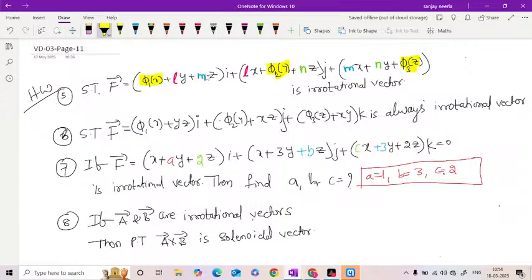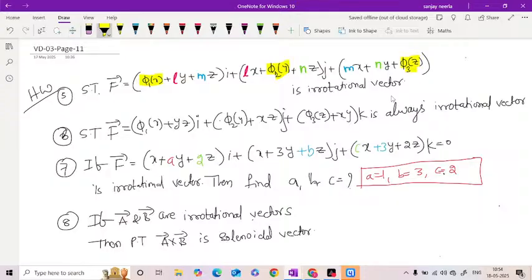Similarly here, the coefficient of z and the coefficient of x are the same, and the coefficient of z and the coefficient of y are the same. This type of structure always gives an irrotational vector. Like that we can generate many vectors.